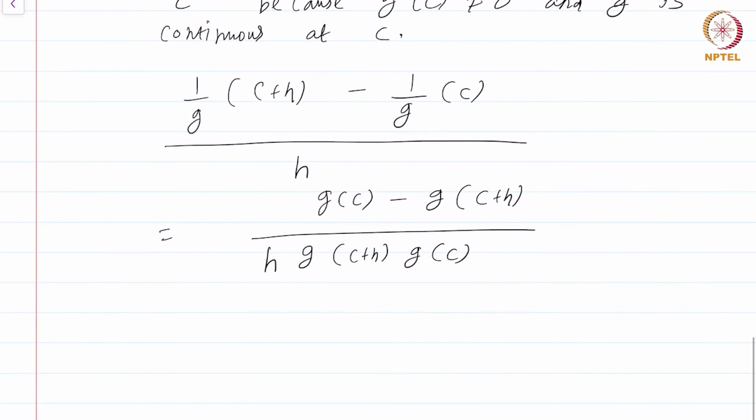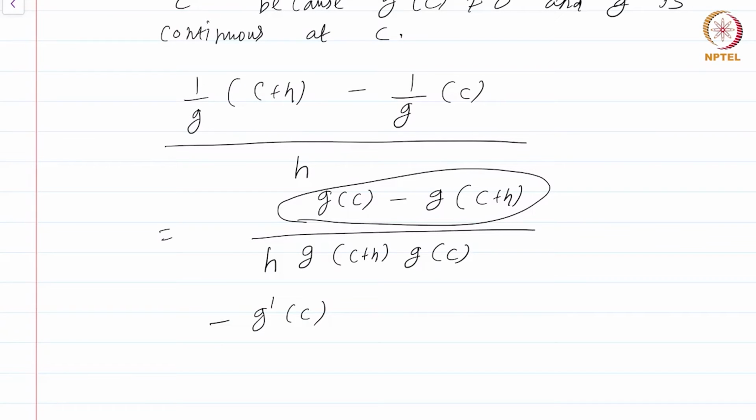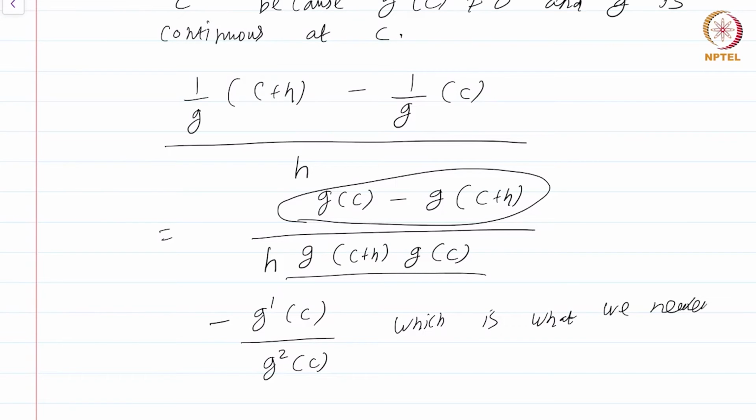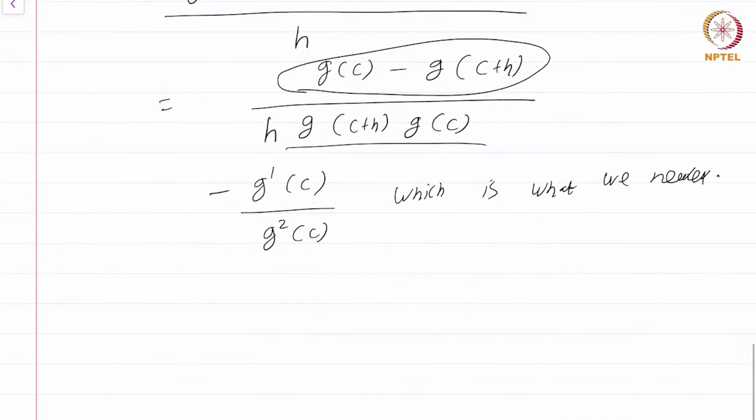Now when you take the limit h going to 0, you clearly get g prime of c with a negative sign because the order has gotten mixed up now. Because of that you get minus g prime of c and the denominator just becomes g squared of c, which is what we needed. Okay. So the derivative of 1 by g is minus 1 by g squared times g prime of c.